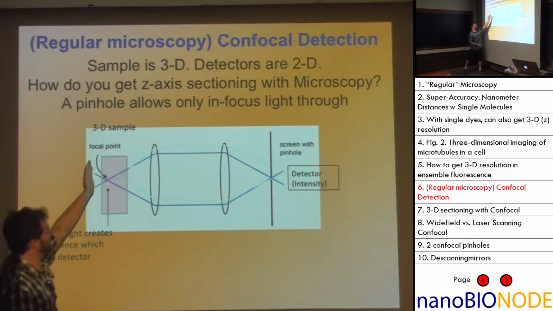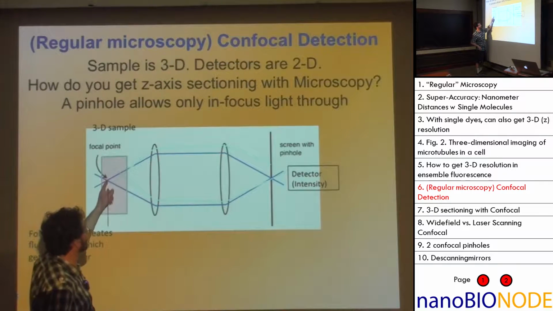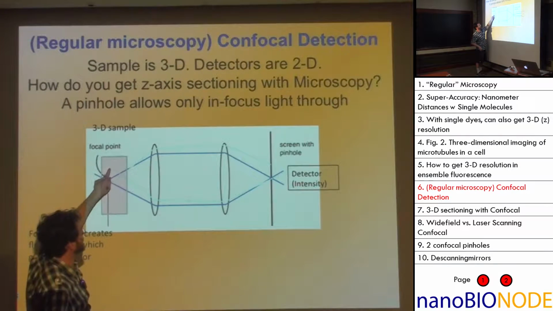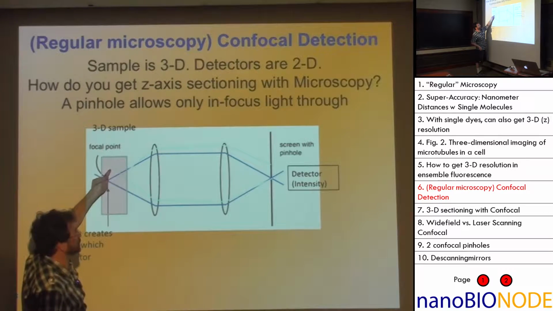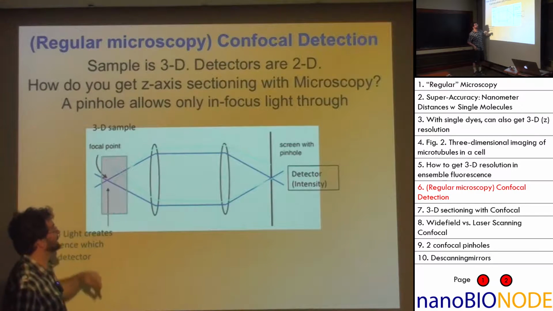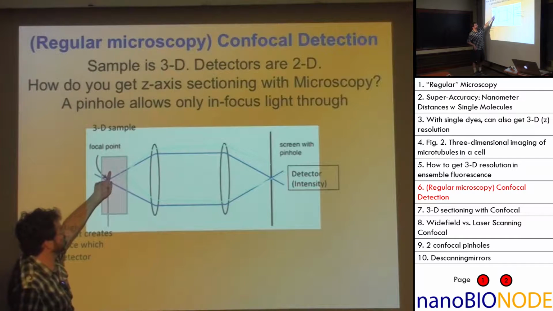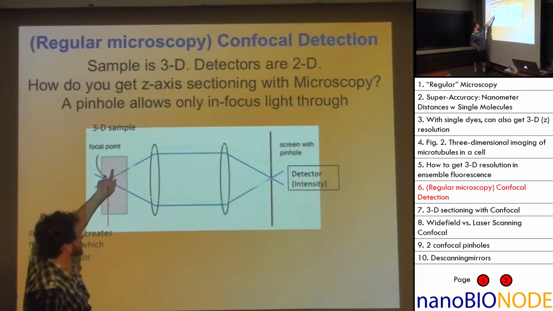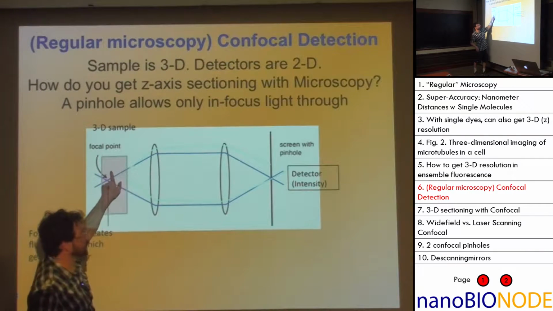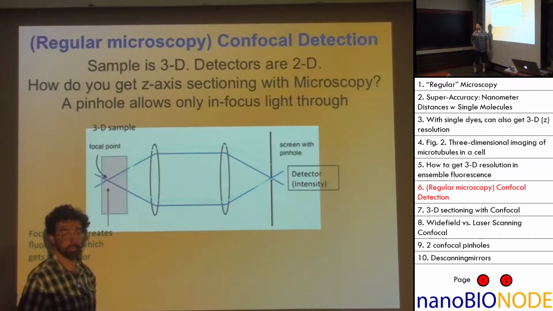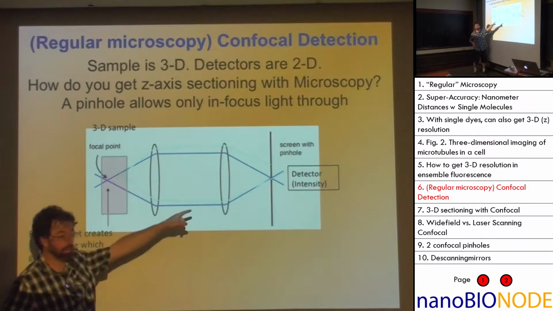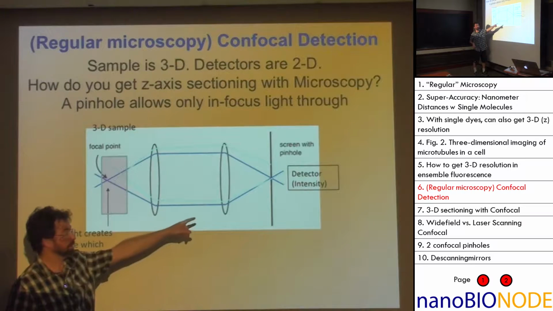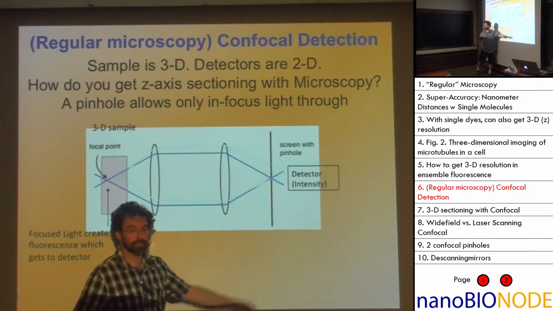Okay, so now let's look at some light that is over here. Where is this light? Let's say it gets excited. Where is this light going to appear on this side, on the detector?